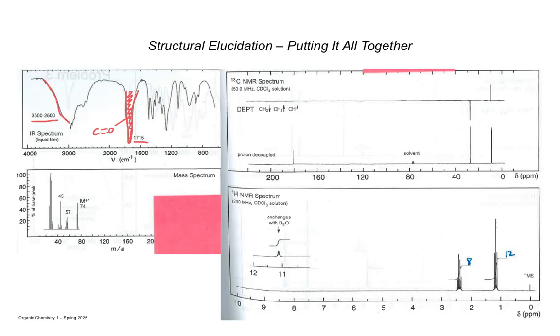When I say broad, I'm looking at where it starts to dip down and then the span over in wave numbers. It's a very broad signal, and the way that looks, that's due to an OH, and that OH is attached to a carbonyl. So that's another fragment.